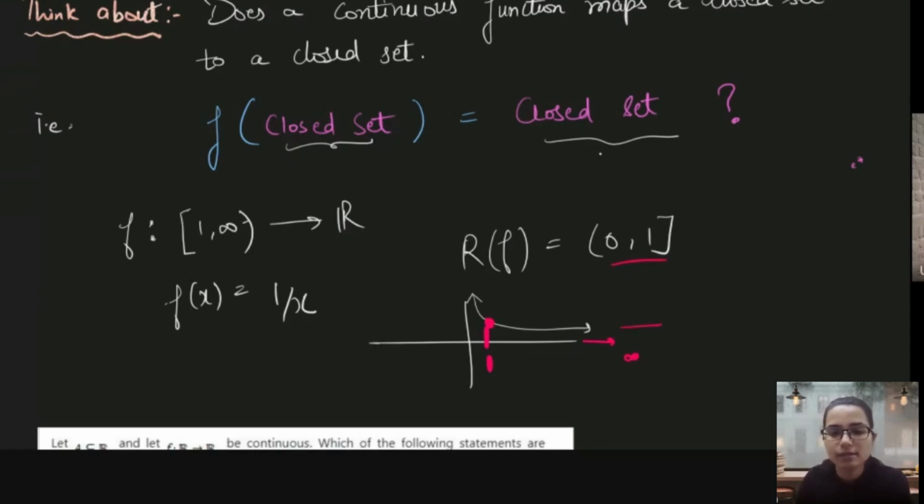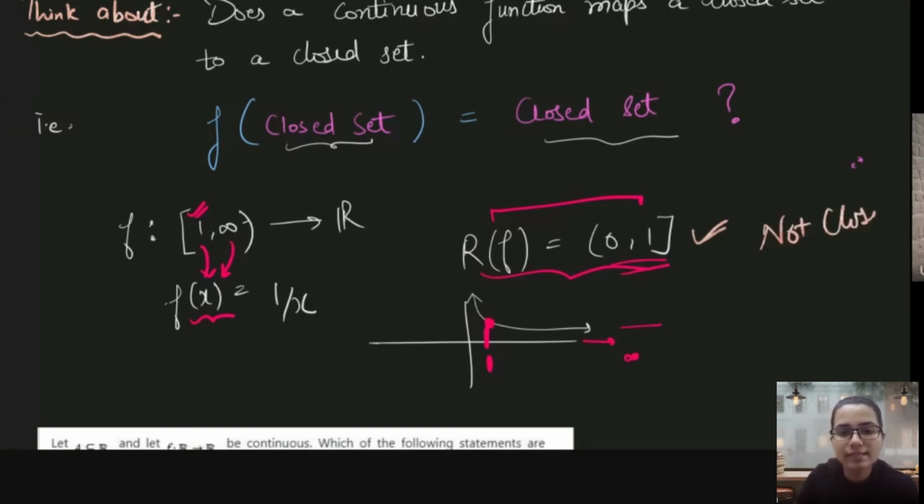So the range of f will be, since this is a monotonic function, you can just put x equal to this and x approaching infinity in f of x, and then you can get the range of f. For monotonic functions, it is very easy to find the range. So this is the range of this function, but this is not closed.